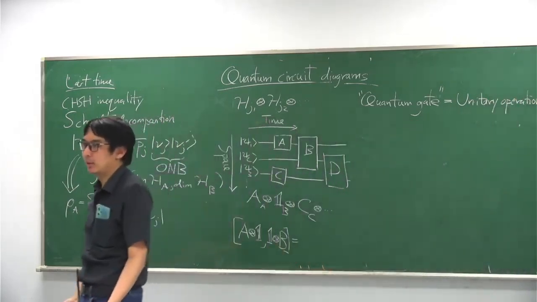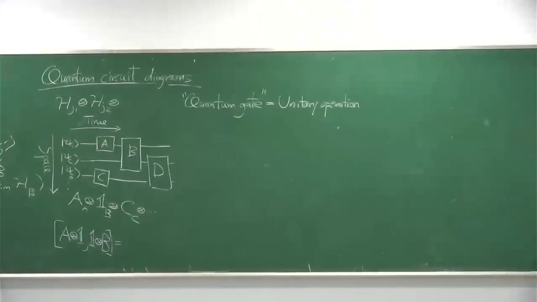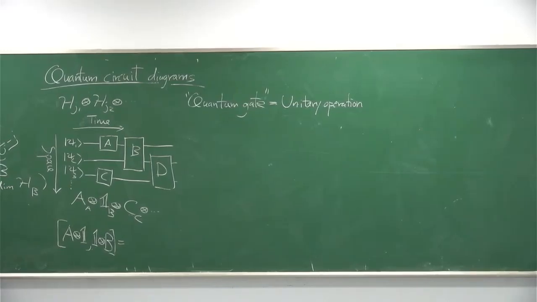So for example, an arbitrary single qubit quantum gate would just be some rotation on the Bloch sphere, right? Which would be specified by 3 parameters, because you need 2 parameters to specify the axis of rotation, and then another one for the angle of rotation, right?